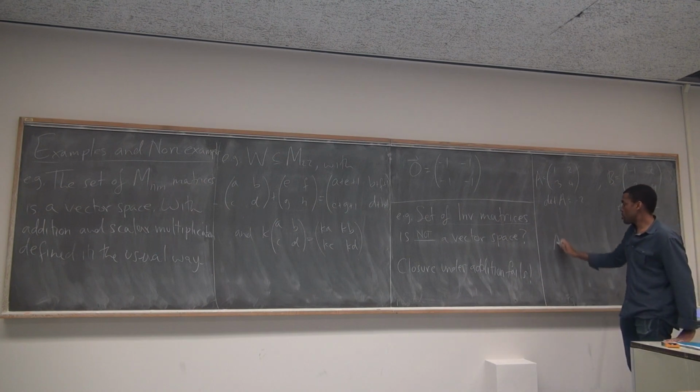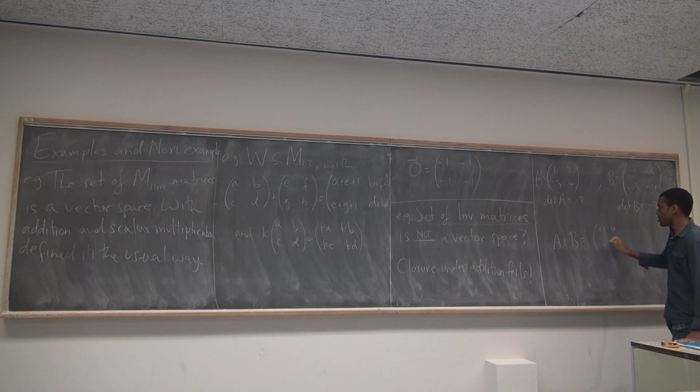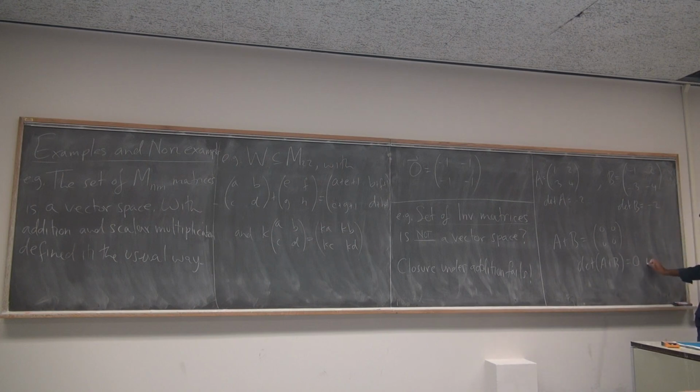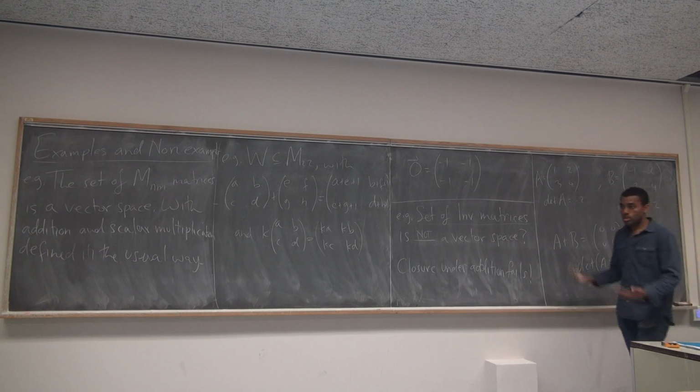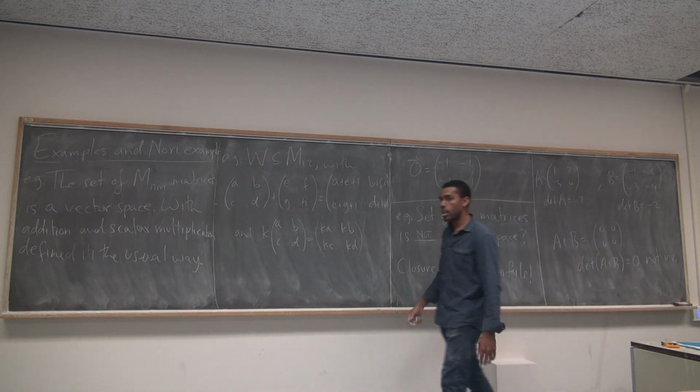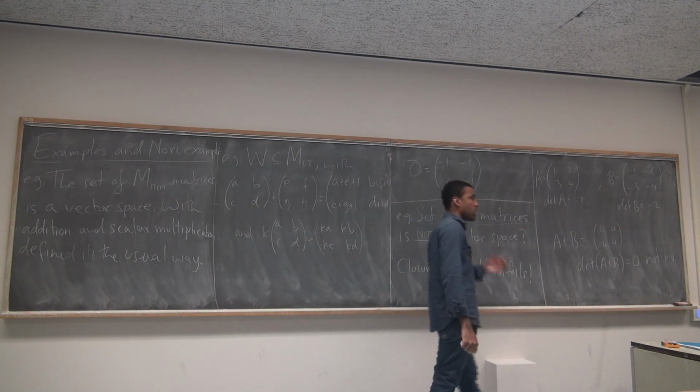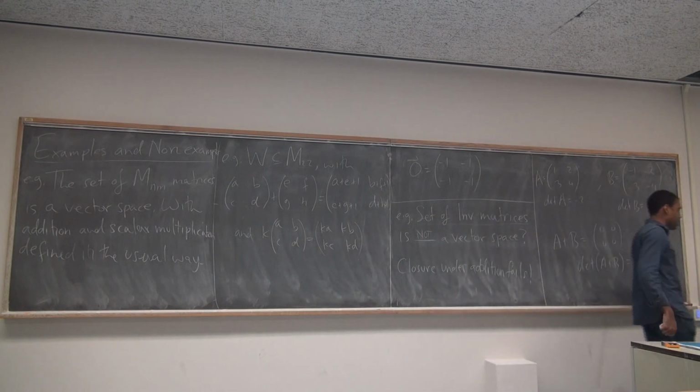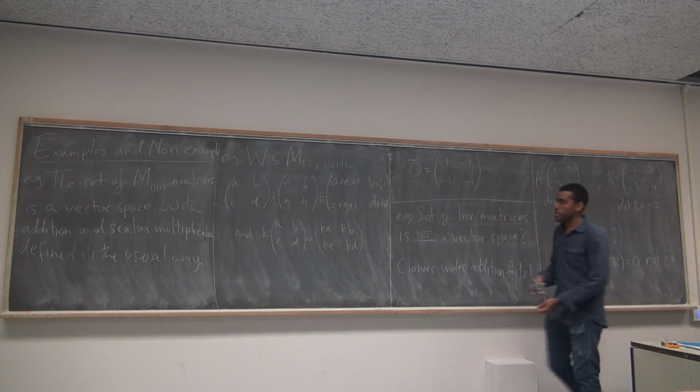But then what is A plus B? That would give me 0, 0, 0, 0. The determinant is 0. So it's not invertible. So I can add two invertible matrices and get something that's not invertible. So this is not a vector space. If I look at all invertible matrices, I don't have a vector space.